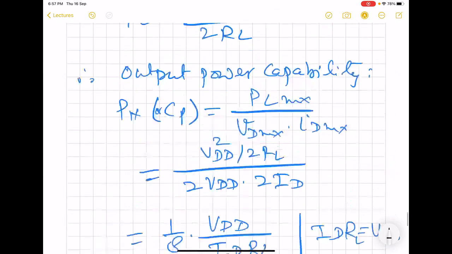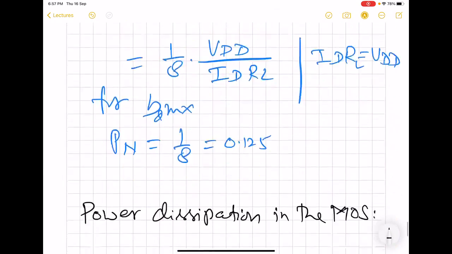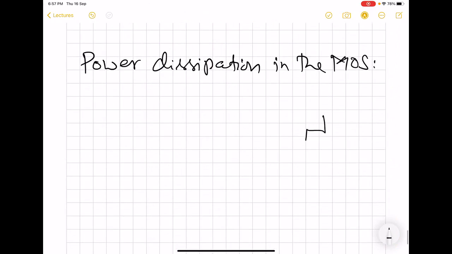So to find out that, we just need to find what is the product of drain voltage and the drain current. These two quantities we have to find out.